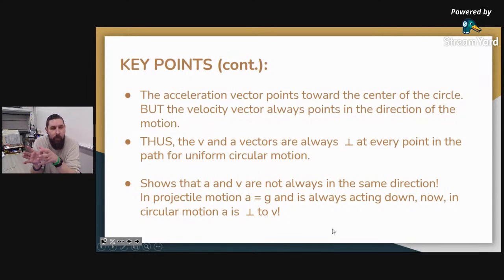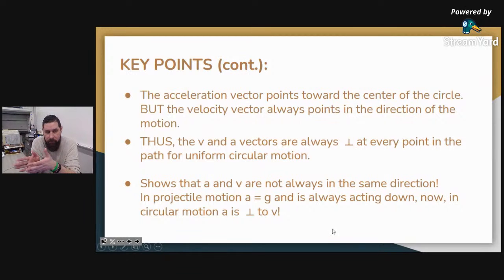So in projectile motion, we've already seen this idea that velocity and acceleration do not always have to be in the same direction. Now, when we get to circular motion, we find that velocity and acceleration are always going to be perpendicular to each other.